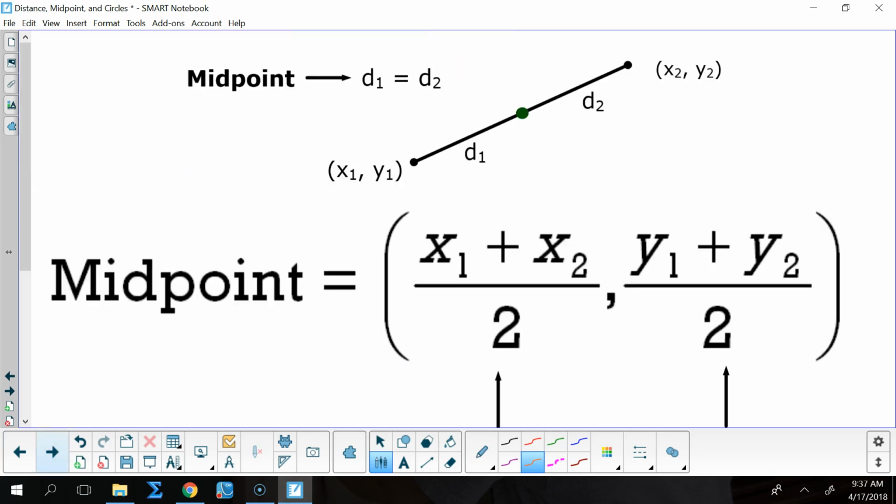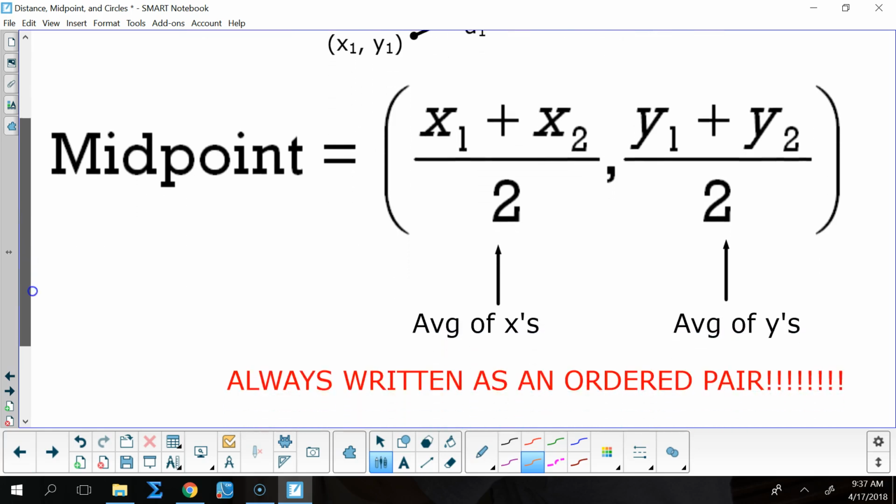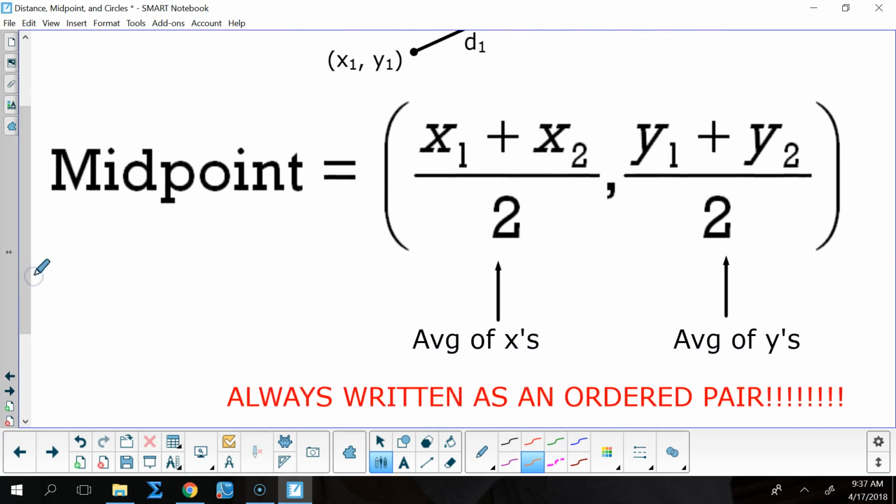The midpoint formula is the other one. The midpoint is just that: the point that's in the middle of 2 other points. So 1, it's a point, so it needs to be in point form, as an ordered pair.